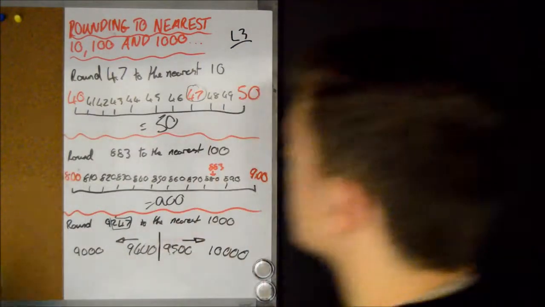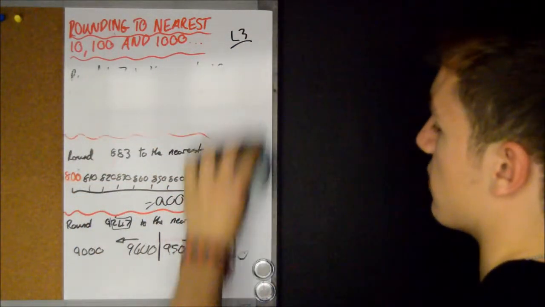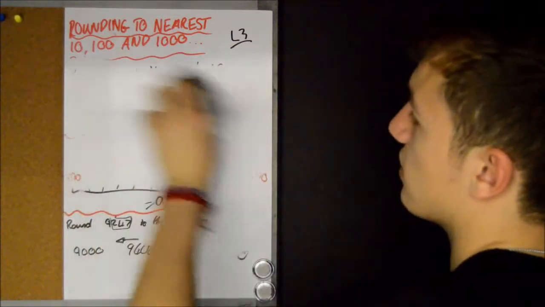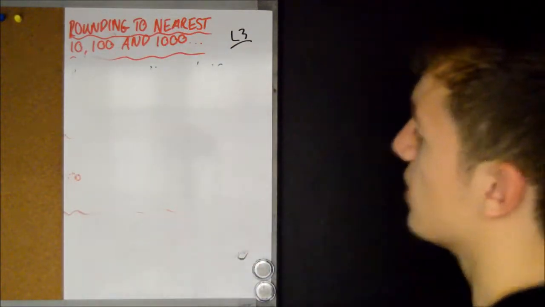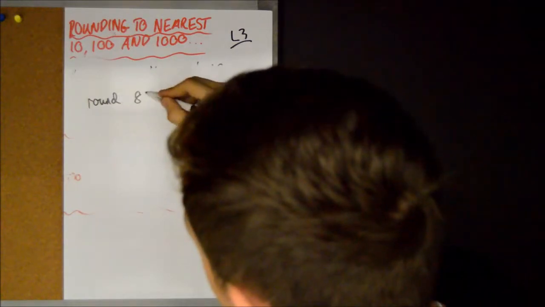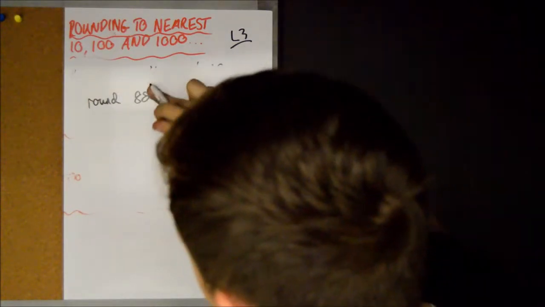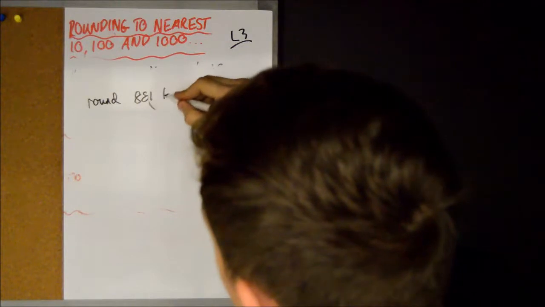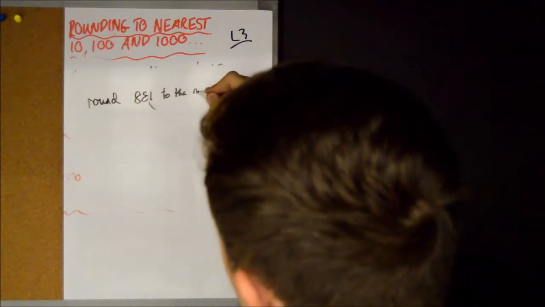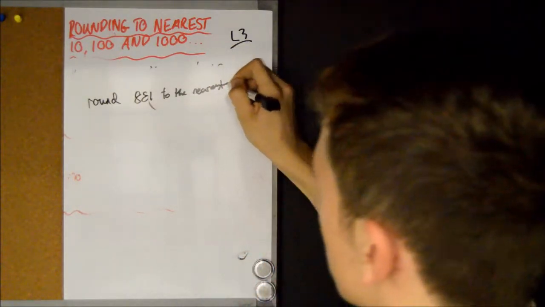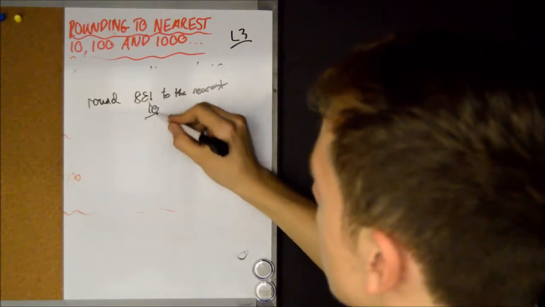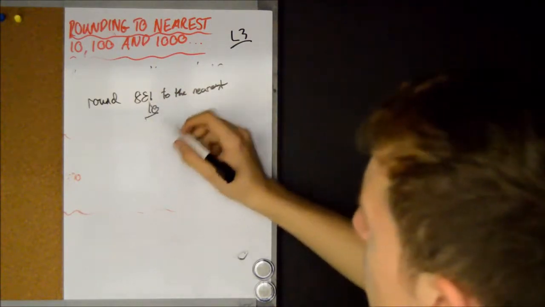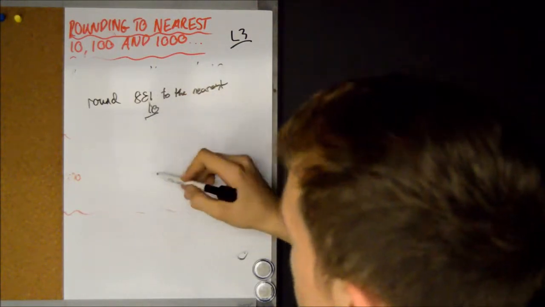Now, if we were asked a question such as, let's rub this out, if we were to round 881 to the nearest 10, we would do our number scale, which I'm not going to do.